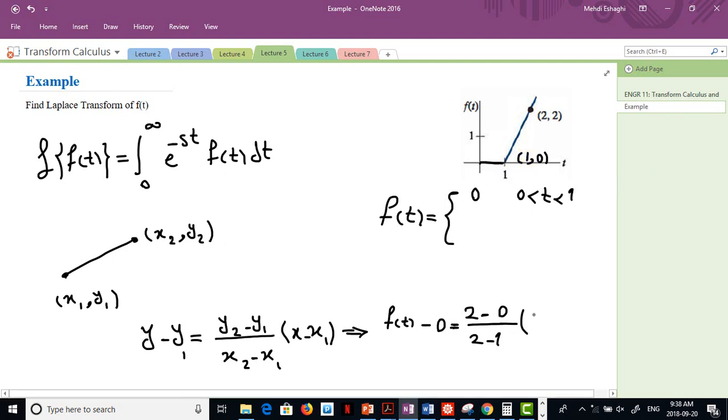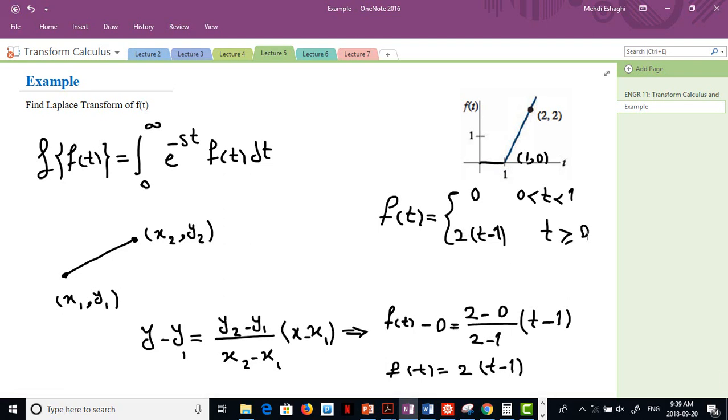As a result, we have t minus t1. So t1 is 1. So we can say that f(t) is equal to 2 times (t minus 1). As a result, we could find this equation as well. So it's 2(t minus 1) for t greater than or equal to 1.